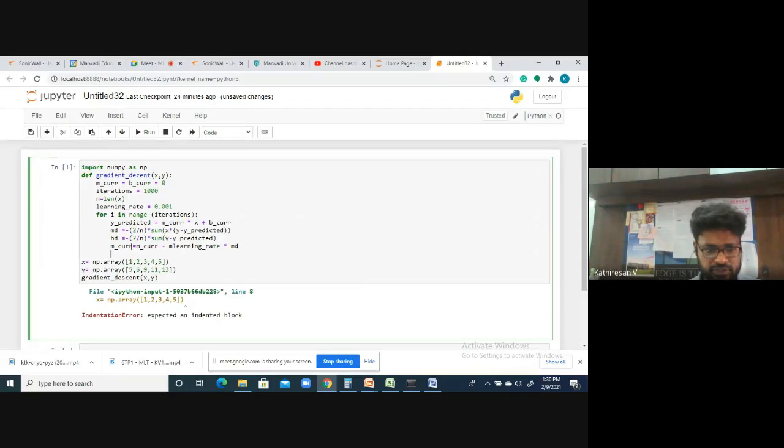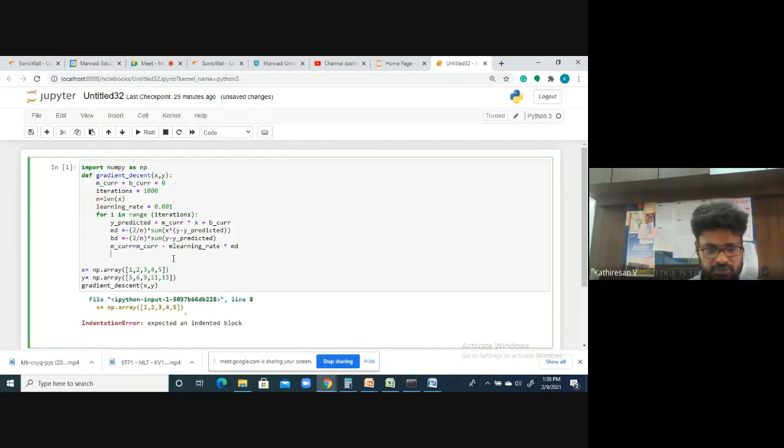The same for b current: b current equal to b current minus learning rate into bd.